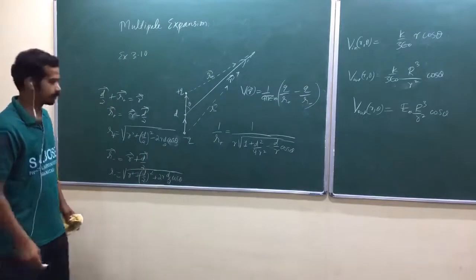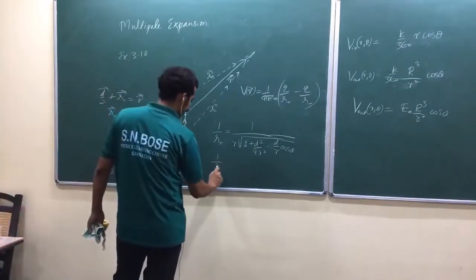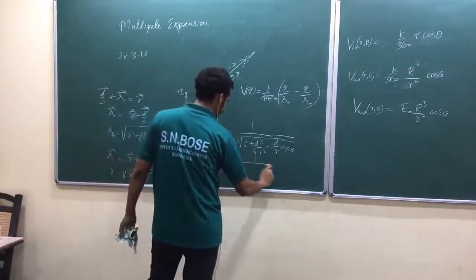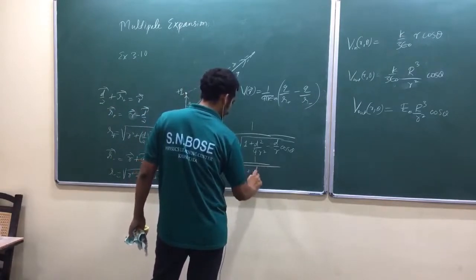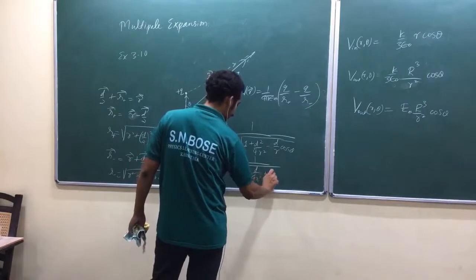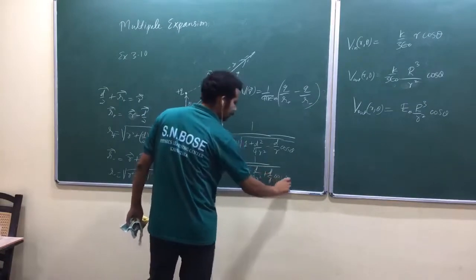Similarly, 1 by italic r minus is equal to 1 by r root of 1 plus d square by 4r square plus d by r cos theta.